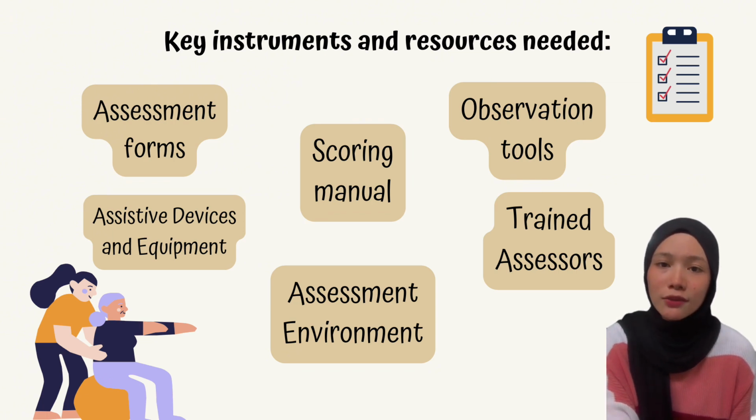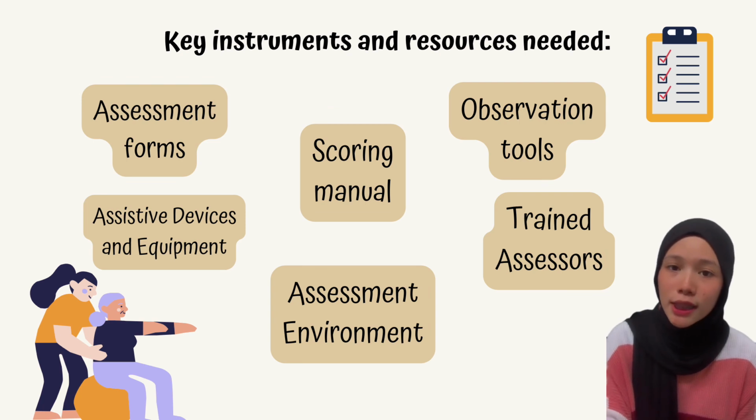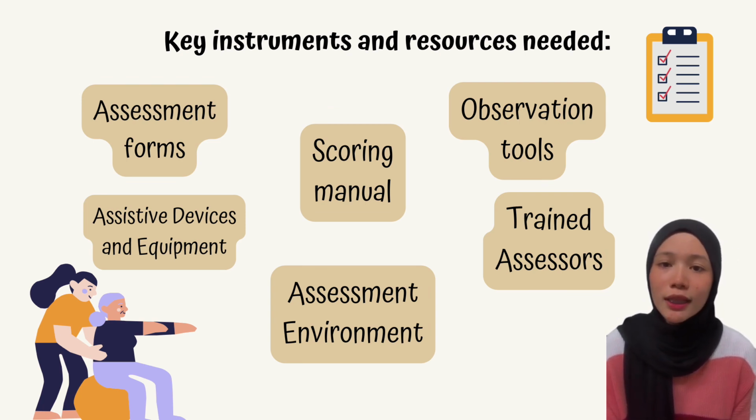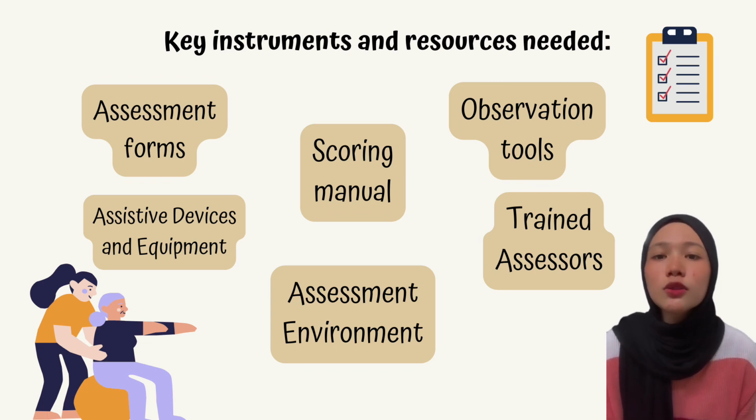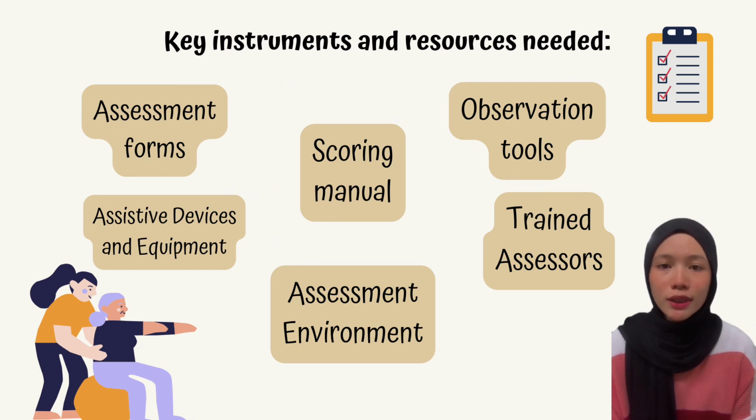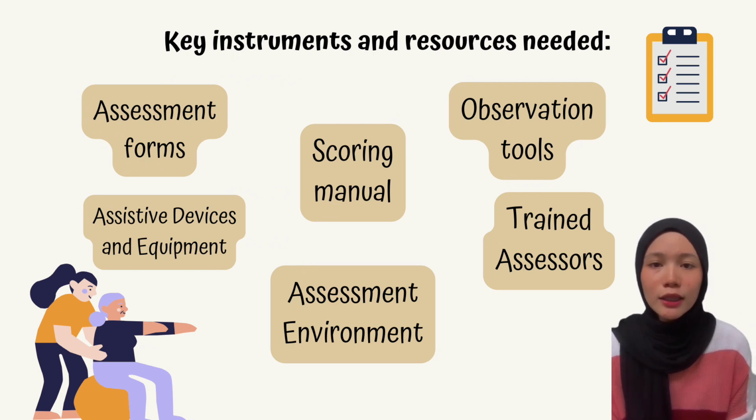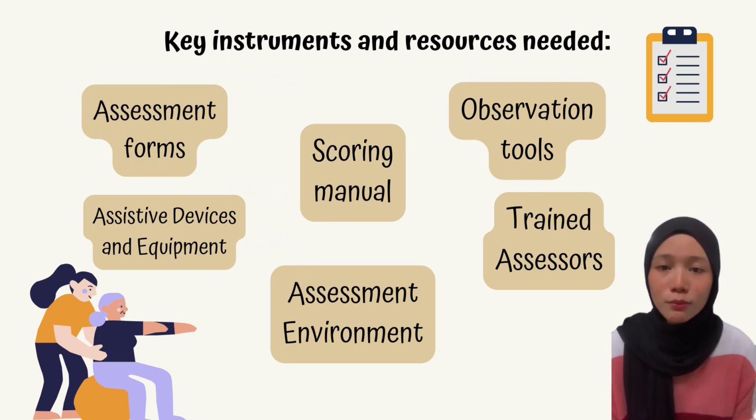Fourthly are the assistive devices and equipment, items such as wheelchairs, walkers, or canes that the patient might use during the assessment. Tools like specialized utensils for eating, dressing aids, or bathroom safety equipment may also be used by the patient.